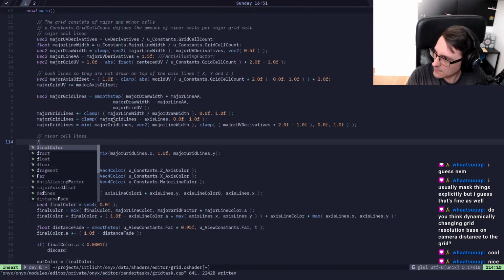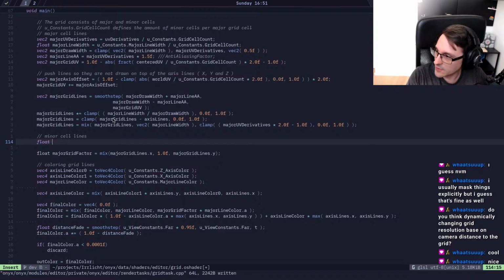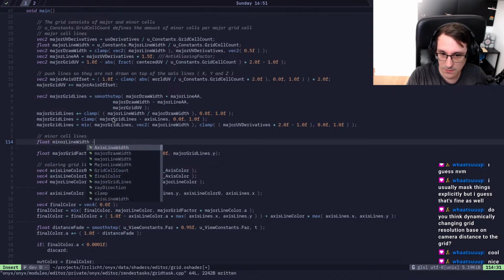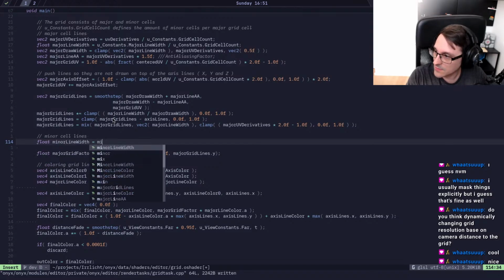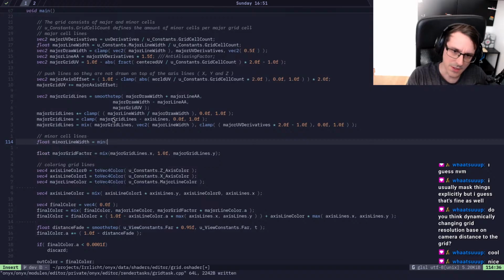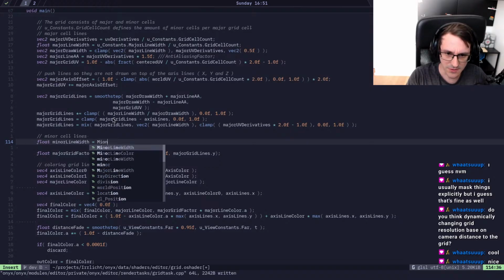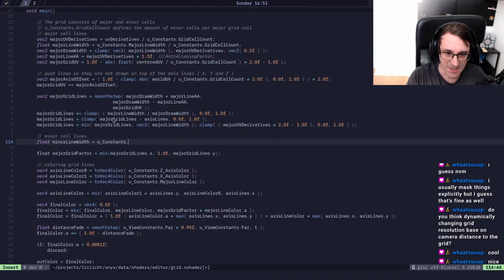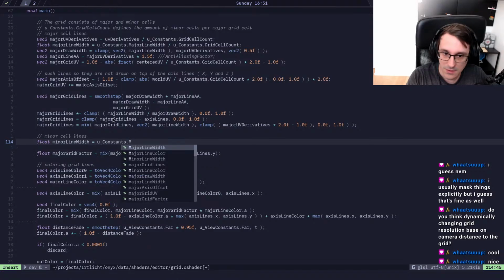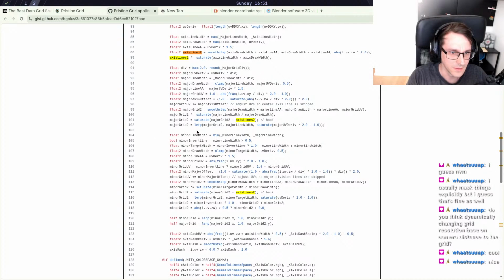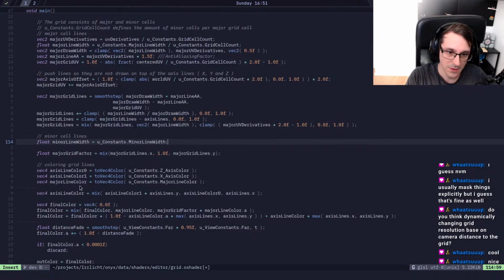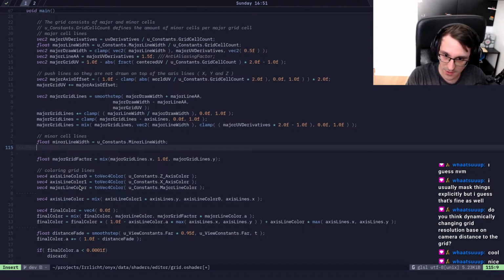Okay, so we basically have a float minor line width, which is a min. Oh, okay, I see. Do I really need that? Probably not, right? So let's do uConstants. He clamps it basically between the... So he takes the minimum between the minor and the major line width. If you for some reason set it wrong, but I will probably not allow you to set that anyways, but yeah.